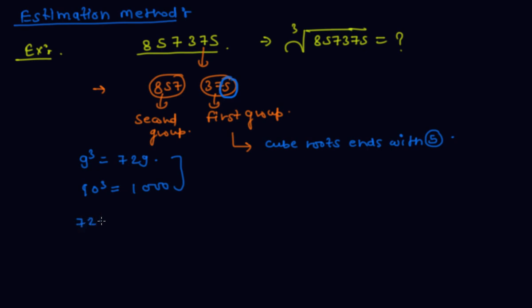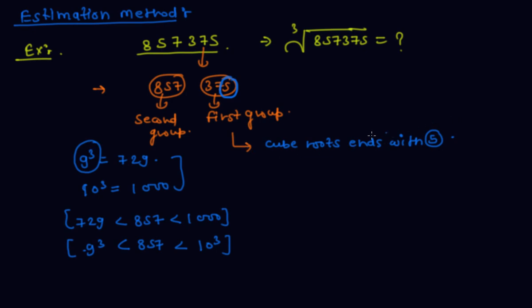We can say 857 is greater than 729 and less than 1000, or greater than the cube of 9 and less than the cube of 10. So we take the smaller number, 729, whose base 9 becomes the tens place of the required cube root.